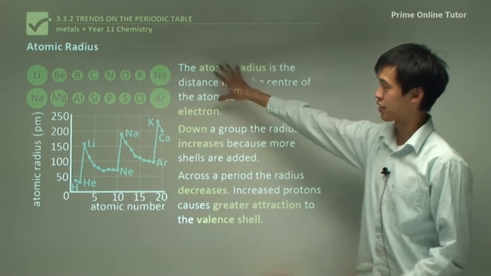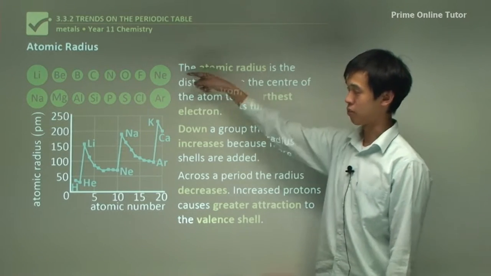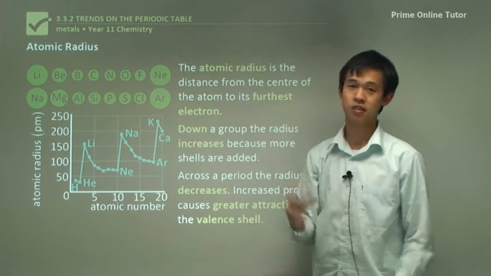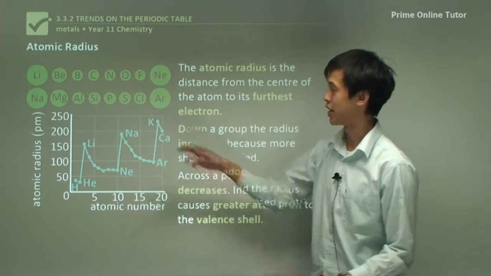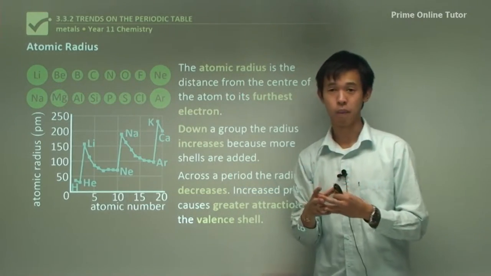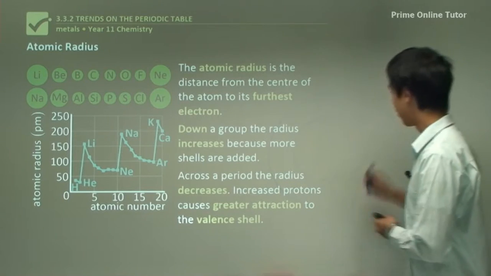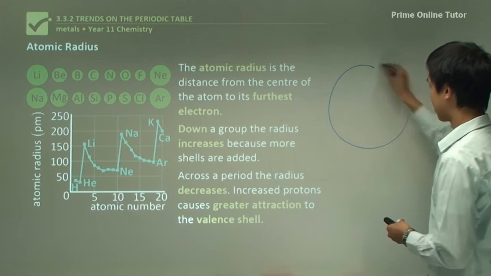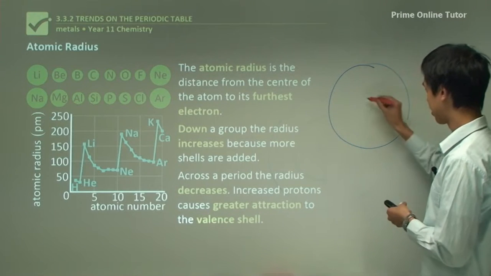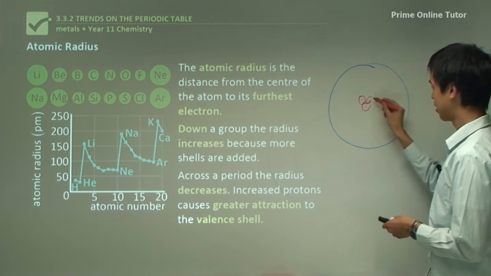So if we look at this little diagram here, this is going across one period. We've got lithium, beryllium, boron, and as you can see, the circles represent the radiuses, or radii. So as we go across, the radii actually get smaller, because if we have the outermost shell like this, and then we put in, say, 3 protons, okay?